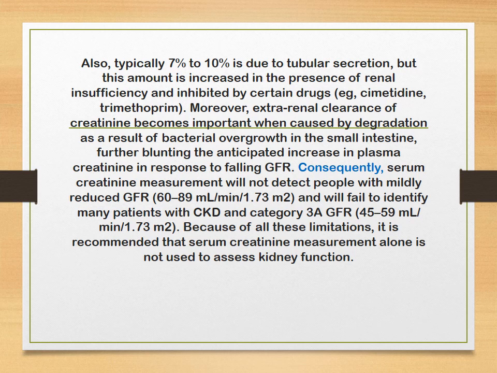Consequently, serum creatinine measurement will not detect people with mildly reduced GFR, that means stage 2, and will fail to identify many people with chronic kidney disease at category or stage 3. Because of these limitations, it is recommended that serum creatinine measurement alone is not used to assess kidney function.